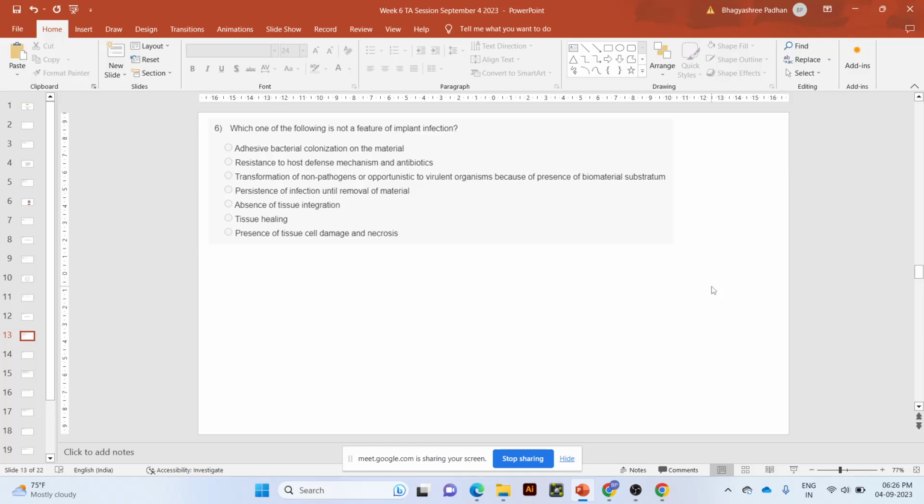And the last option, presence of tissue cell damage and necrosis. On the outer surface of the biofilms or the bacteria, immune cells will try to interact with them, which leads to more tissue cell damage and necrosis on the surface. So here tissue healing will be the correct option, which is not a feature of implant infection.